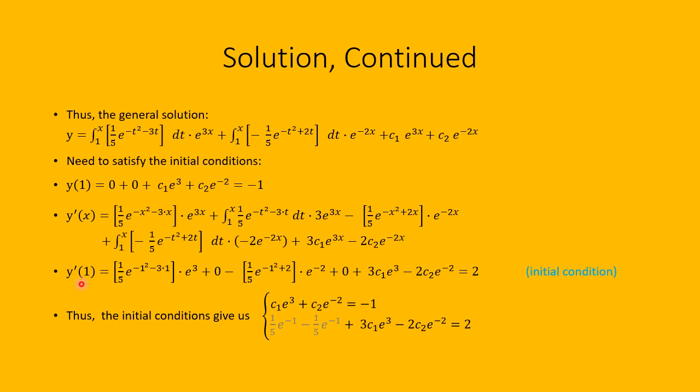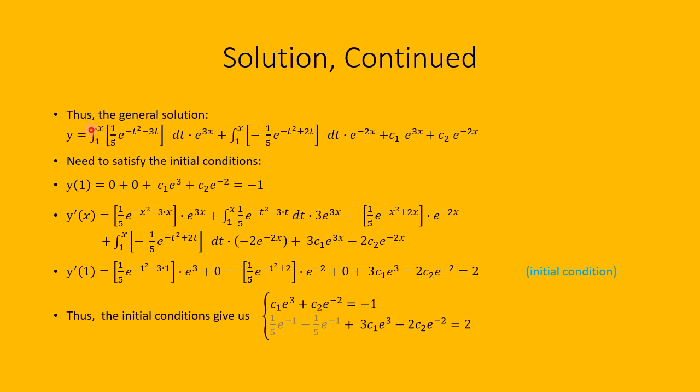Now, to find y prime of 1 and set it equal to something, we need to first differentiate this equation up here and figure out what y prime of x is. Well, if we look at this first integral, we're integrating from 1 to x, this function of t dt.